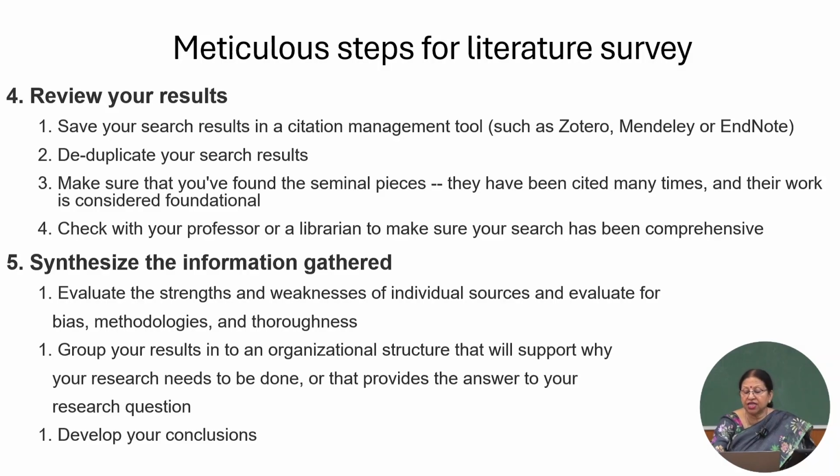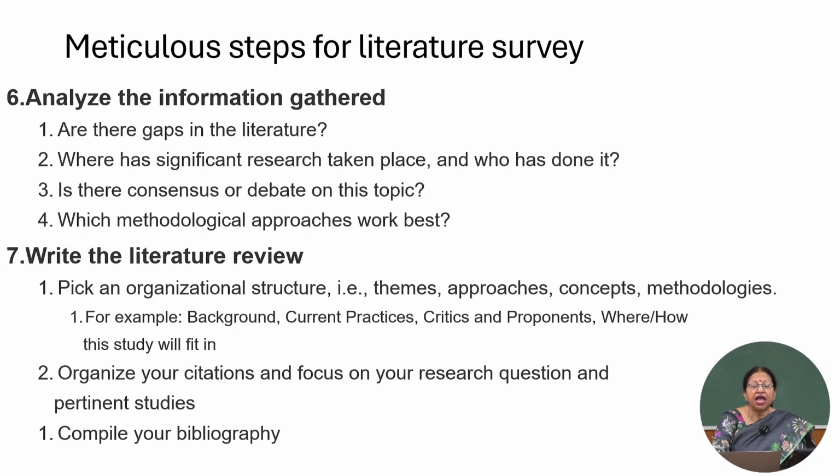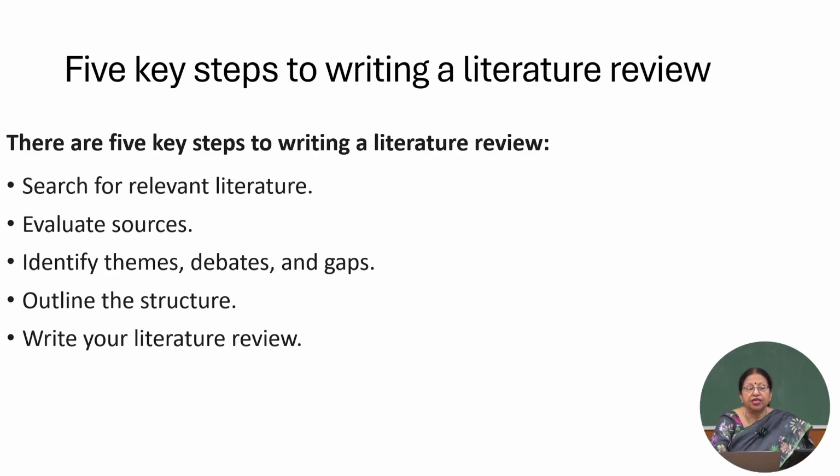Synthesize the information that has been gathered, analyze it, and write the literature review. Pick an organizational structure, that is themes, approaches, concepts, or methodologies. Organize your citations and focus on the research question and pertinent studies. And then you just have to compile them.